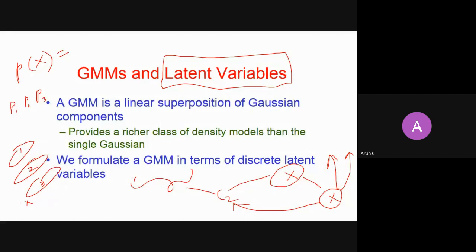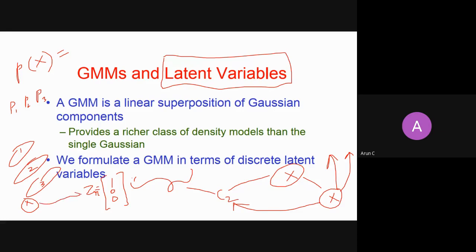To model this situation, I never know which cluster this X comes from. So I say that there is a latent variable, and that latent variable will represent the cluster. Let's say it is Z. If it belongs to cluster 1, then the latent variable for this particular nth point is 100, because now I am fixing that this X belongs to cluster 1.